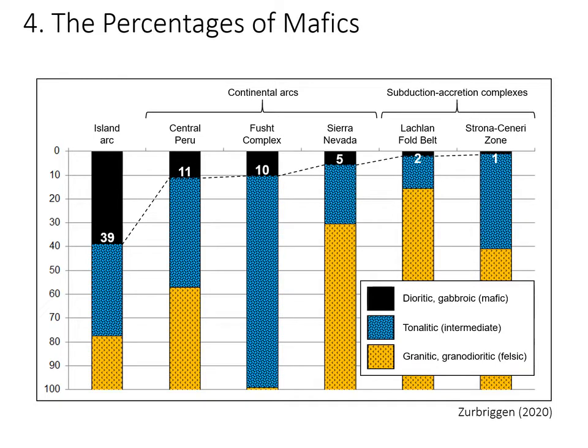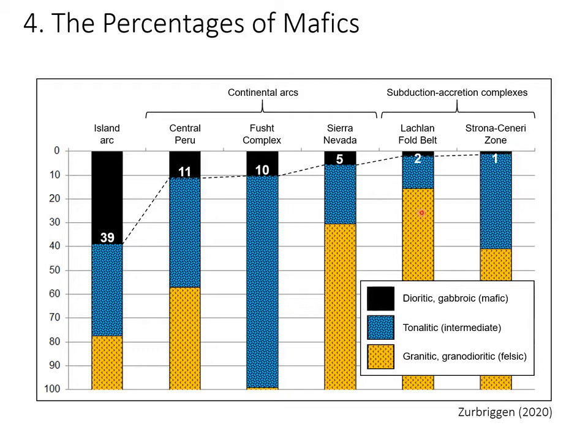Now, analyzing these magmatic rocks in more detail and subdividing them into mafic rocks, intermediate compositions, and granitic compositions, we get numbers like over here for the Strona-Ceneri zone. And what is very obvious is that only 1% of the orogneisses are mafics. The others are intermediate or felsic members.